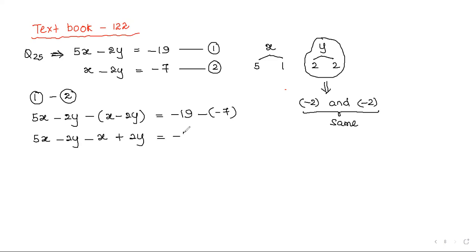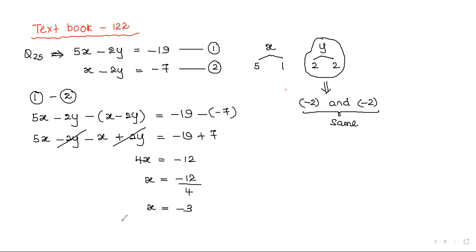Then here you have negative 19 plus 7. So the negative 2y and positive 2y cancel. 5x minus x gives me 4x. Negative 19 plus 7 is negative 12. So x is equal to negative 12 divided by 4. So x is equal to negative 3.